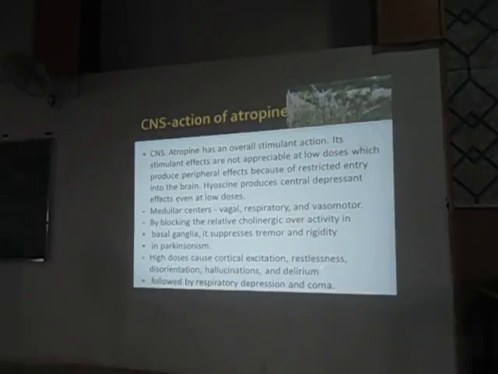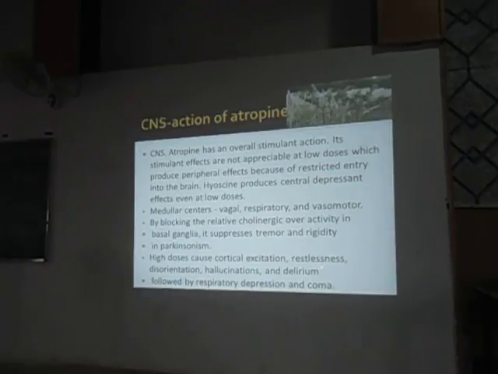So that's why we have the term for atropine, mad as a hatter. That is the term used for atropine action on the CNS. It has overall stimulation action. Its stimulation effects are not appreciable at low doses, but at high doses it can cause excitation, restlessness, disorientation, hallucination.